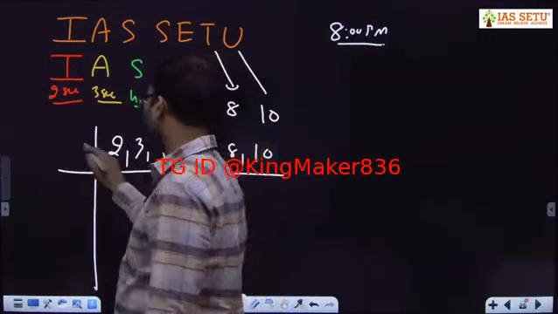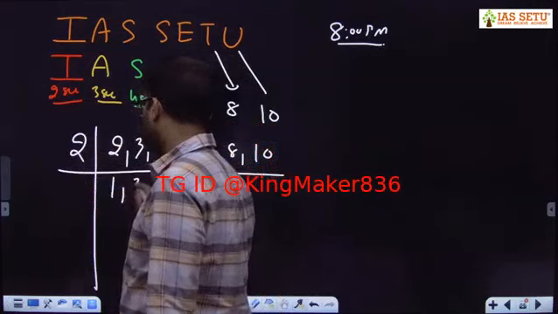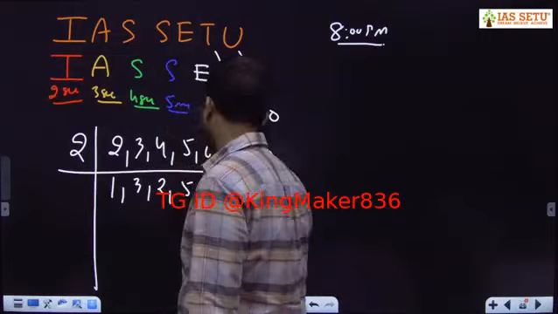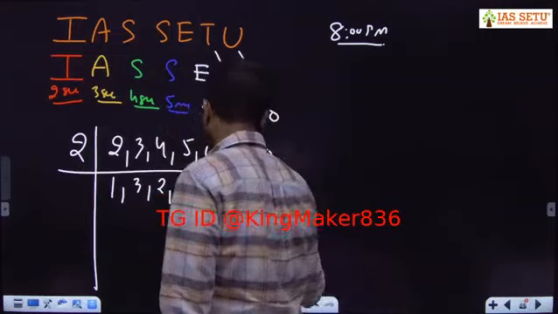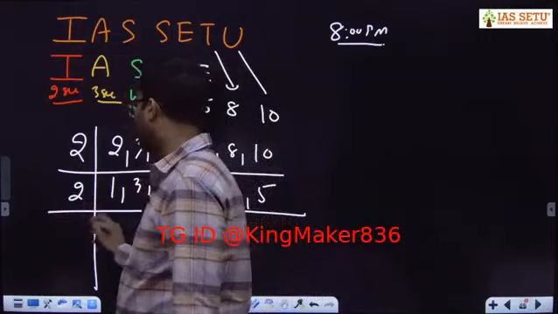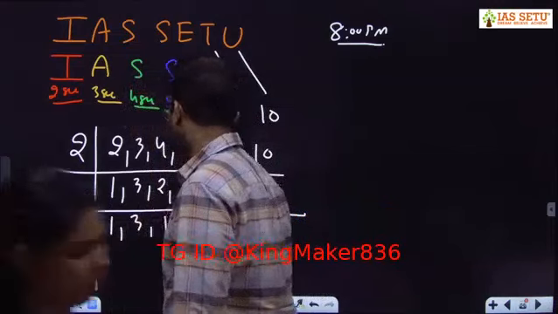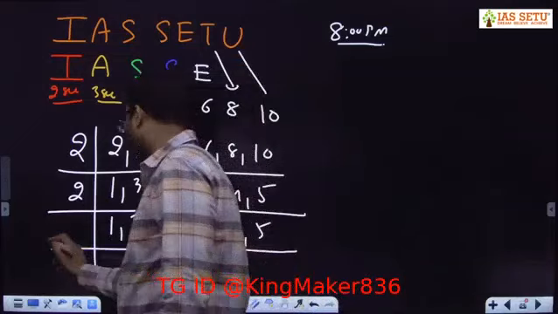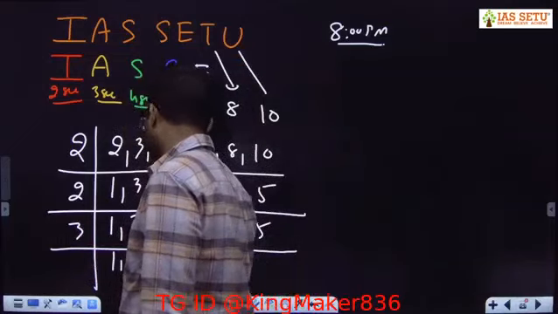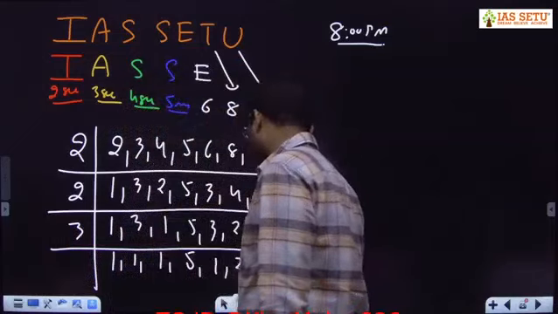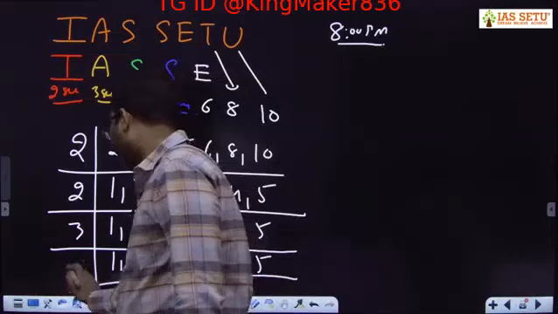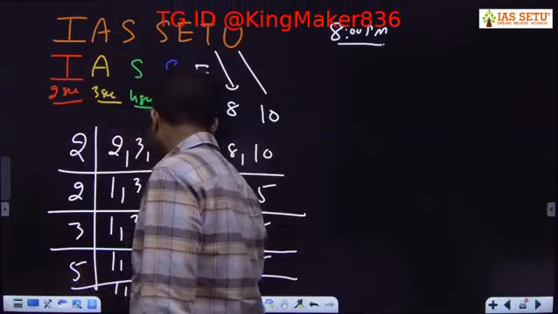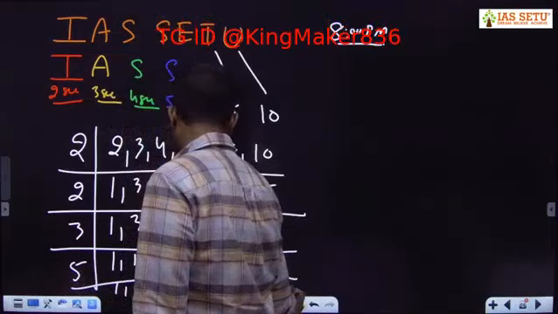Here we take 2 common: 1, 3, 2, 5, 3, 4, 5. Again 2 common: 1, 3, 1, 5, 3, 2, 5. Take 3 common: 1, 1, 1, 5, 1, 2, 5. Take 5 common: 1, 1, 1, 1, 1, 2, 1. Take 2 common.